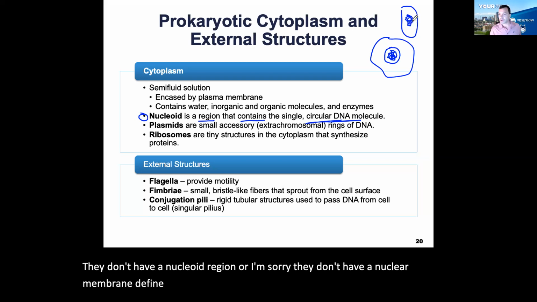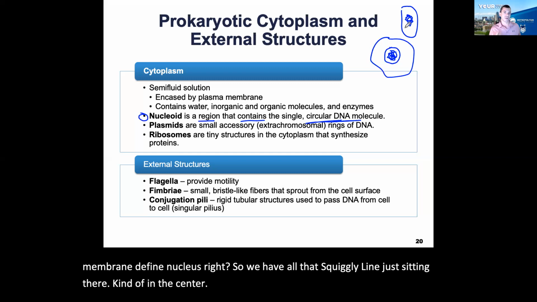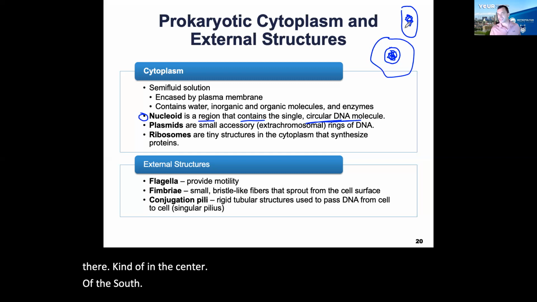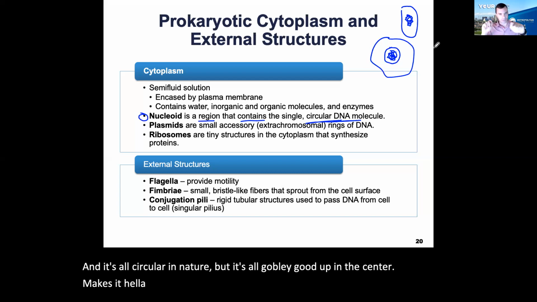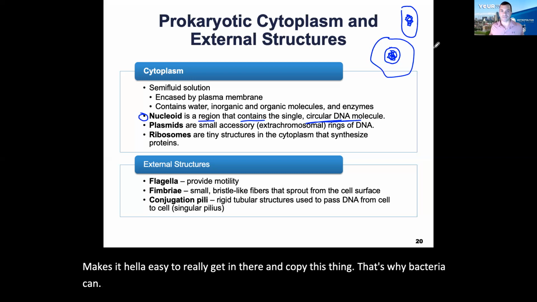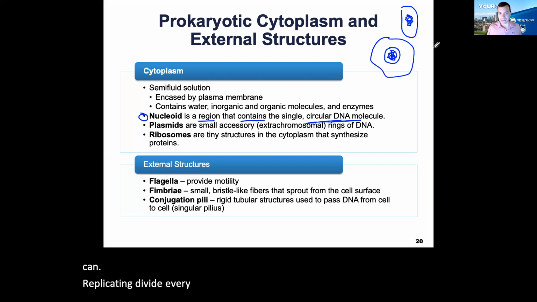So we have all that squiggly line just sitting there kind of in the center of the cell, okay? And it's all circular in nature, but it's all gobbledygooked up in the center. Makes it really easy to get in there and copy this thing. That's why bacteria can replicate and divide every 12 to 15 minutes. Very easy to do.